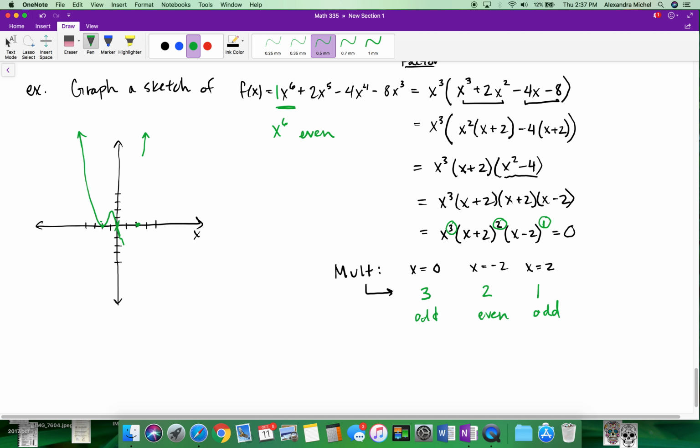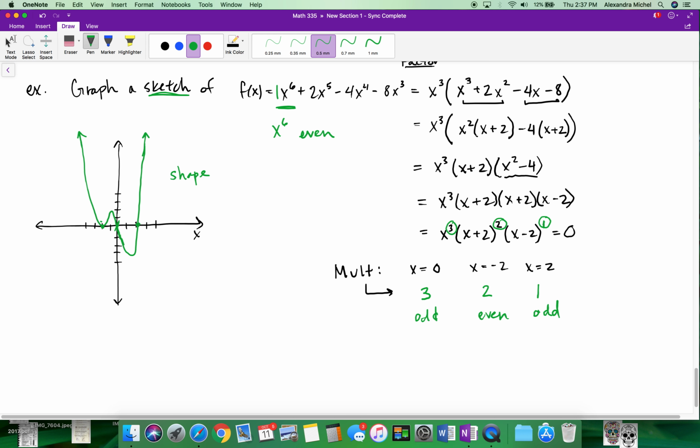And then I also have to go through x equals 2 and rejoin up here. So this is a sketch, meaning that it's not perfect, and I haven't actually calculated anything. All I did was figure out where I crossed the x-axis, and it's given me a shape.